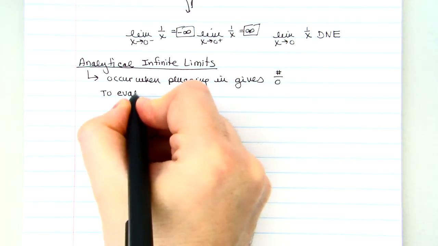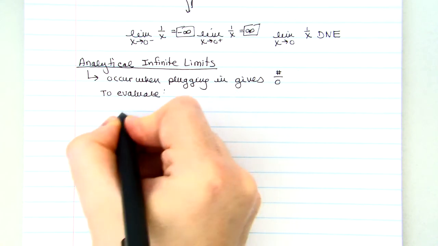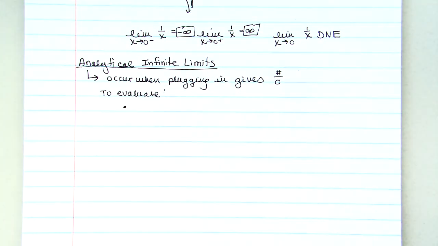To evaluate. First of all, just like our jumps, you cannot handle an overall limit where you have a number over 0. So if it is an overall limit, you're going to start by splitting it into a limit from the left and a limit from the right.